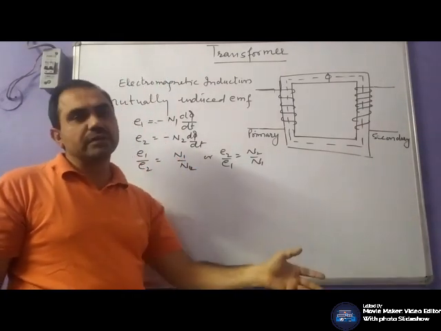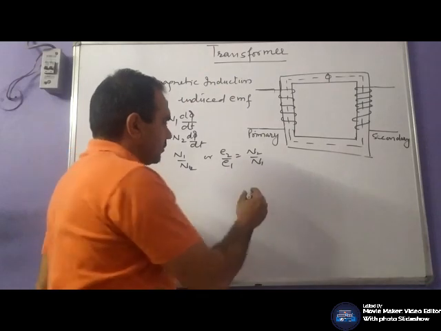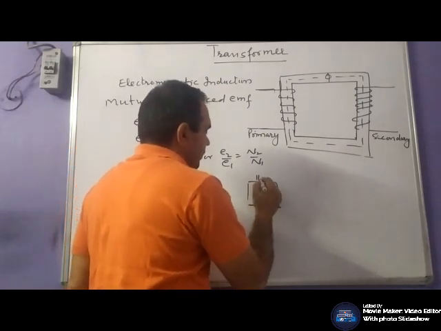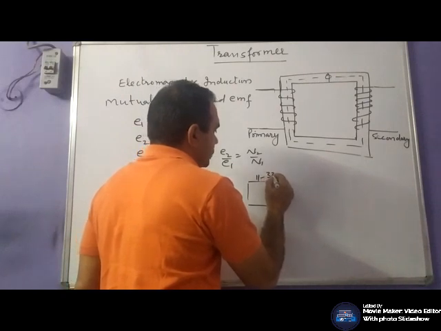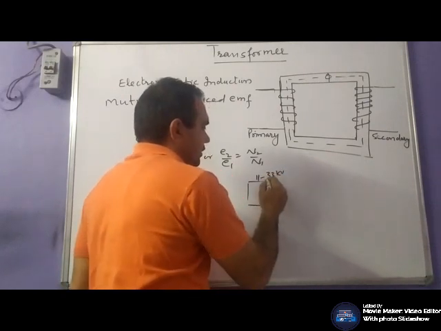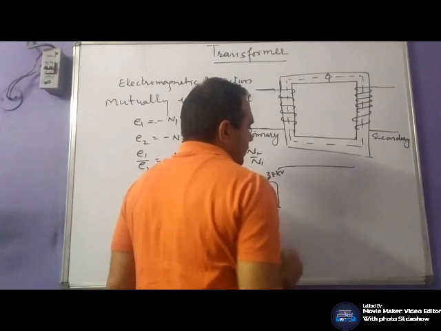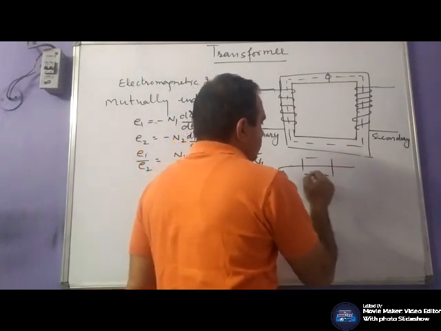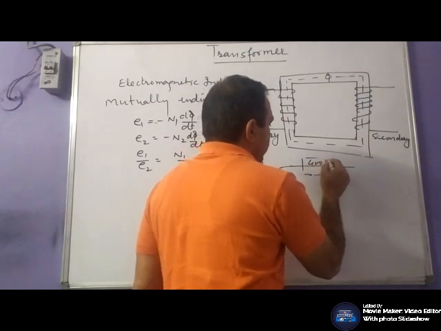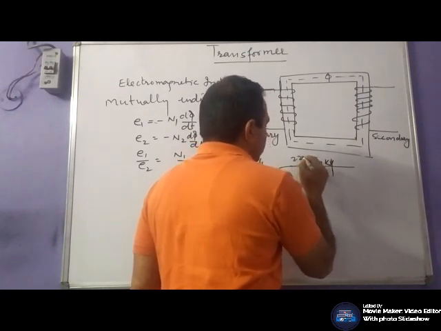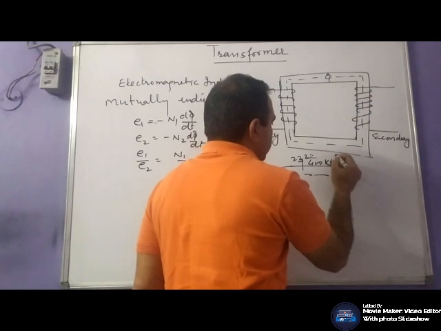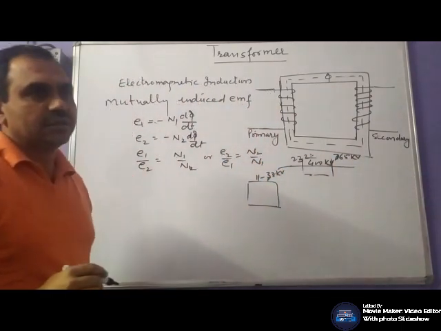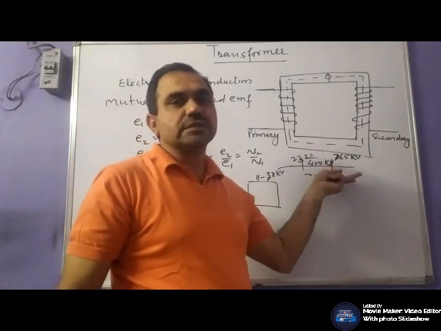Whereas in case of power, for example, at our generating station, voltage is between 11 to 33 kV. Then we step it up to 400 kV, 232 kV, 765 kV, which is the transmission level of the voltage.